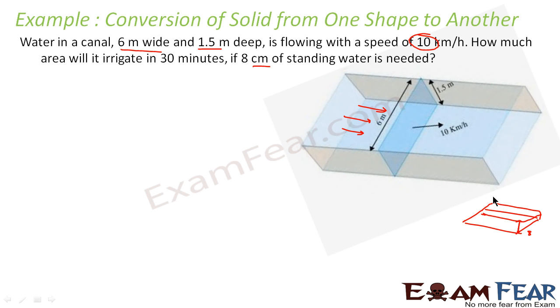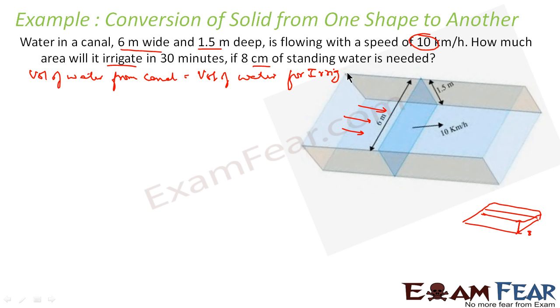So here also, the volume of water that came out of the canal will be the volume of water used for irrigation. Volume of water from canal is nothing but volume of water for irrigation. Any doubt in this?